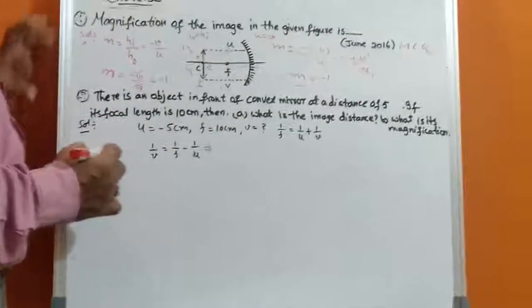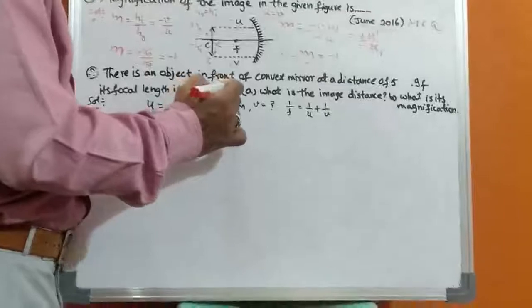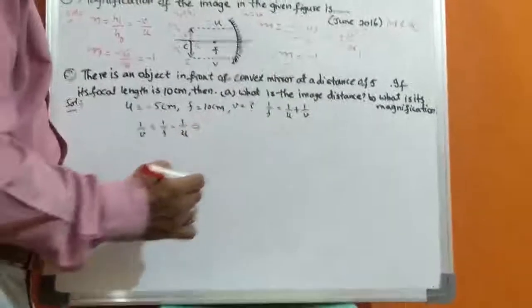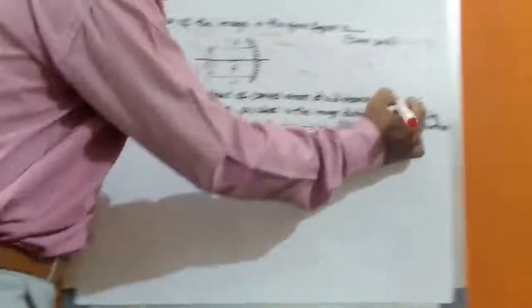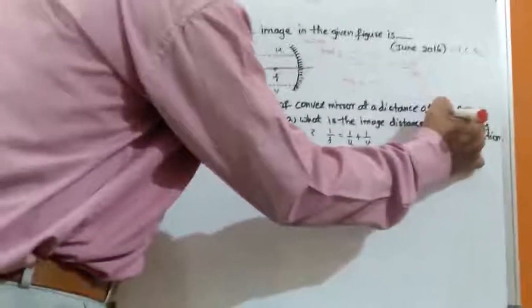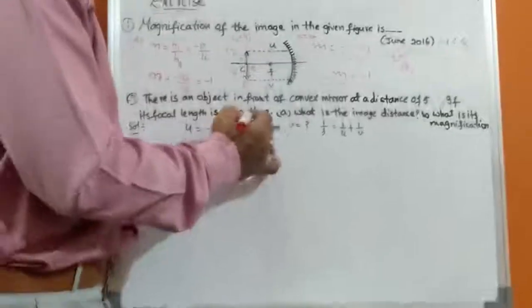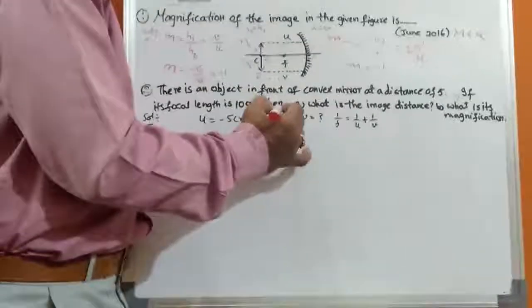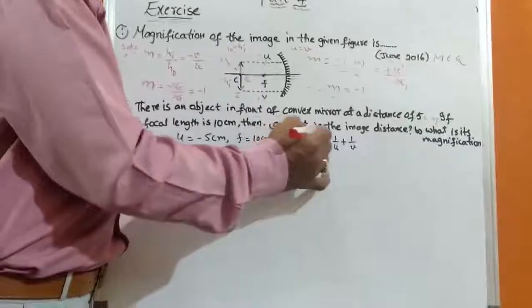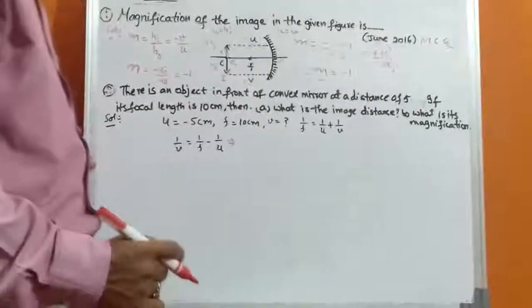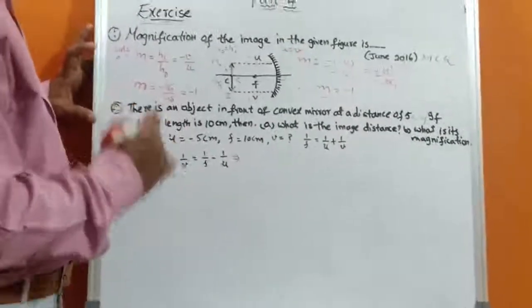And the second one: an object is in front of a convex mirror at a distance of 5 centimeters. If its focal length is 10 centimeters, what is the image distance and what is the magnification?